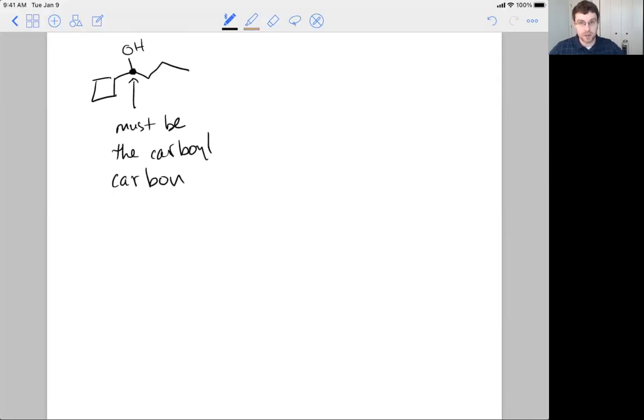Why? Well, that's the only carbon that's attached at all to an oxygen. So as you're identifying carbonyls and haloalkanes to mix together under Grignard reaction conditions, what we first have to recognize is that we know something already about the starting materials. That must be our haloalkane.